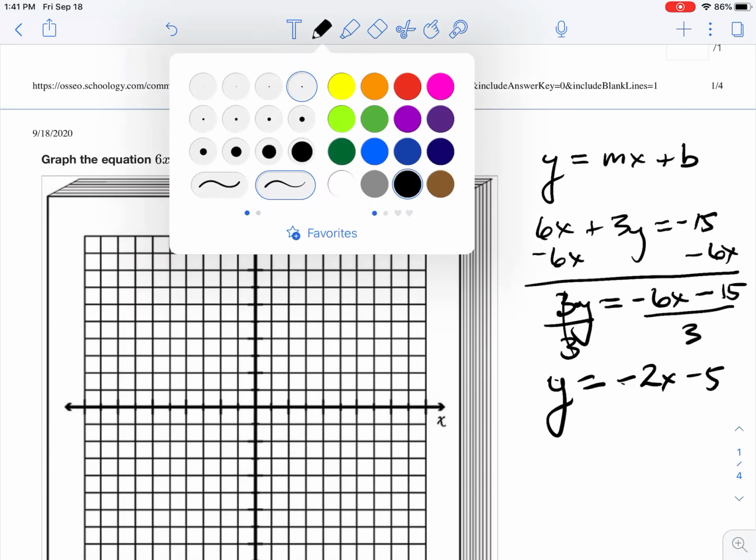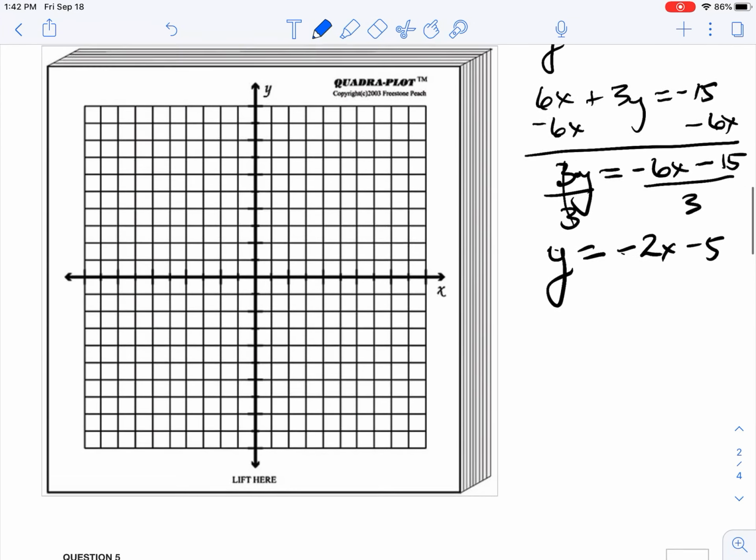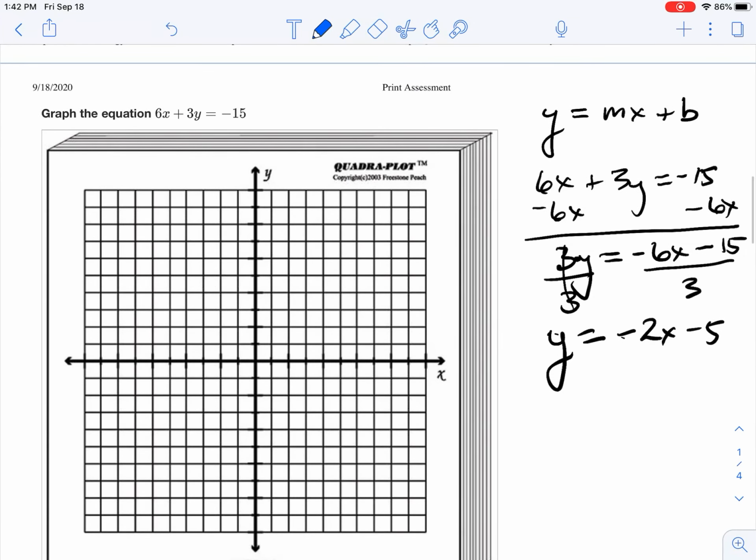Well, that's good, because that will be fairly easy to graph. Your line won't look quite as neat as mine, but 1, 2, 3, 4, 5 down, we put a point. And then this slope, you might want to say that the slope is negative 2, and I always like making it a fraction, because then this is the rise over the run.